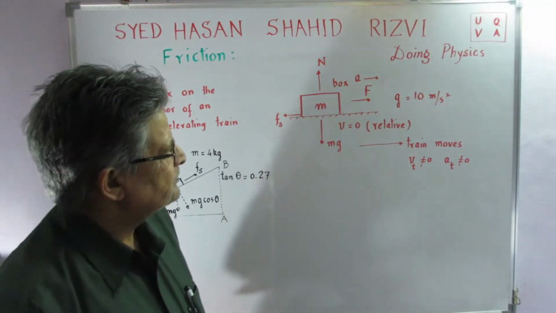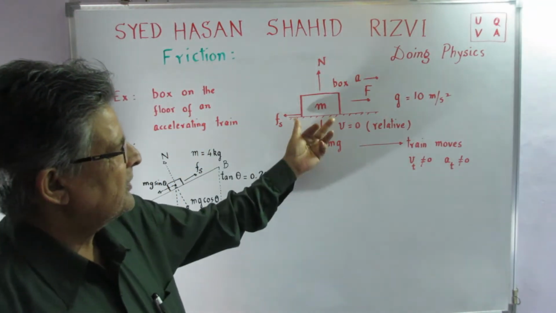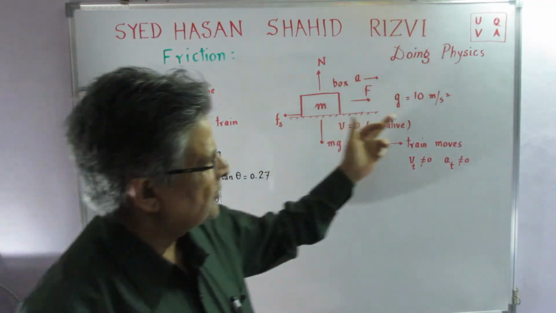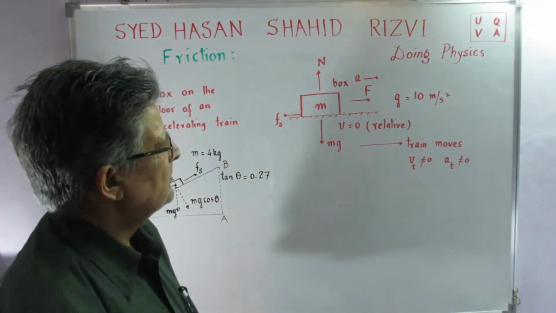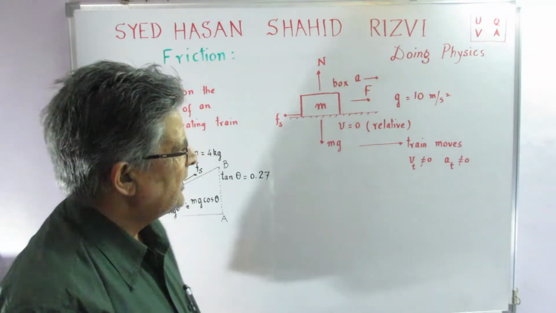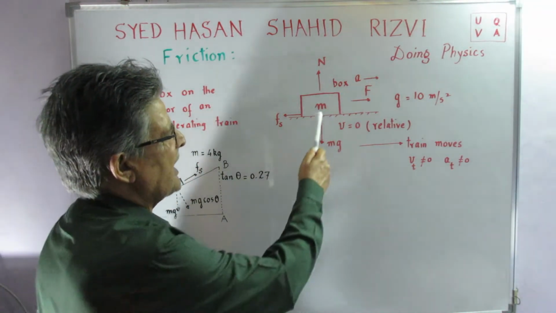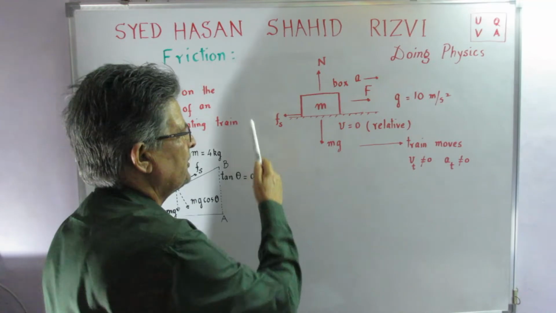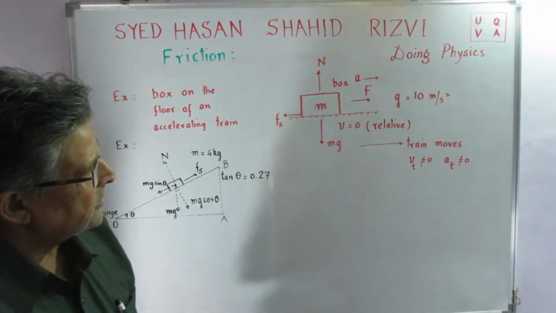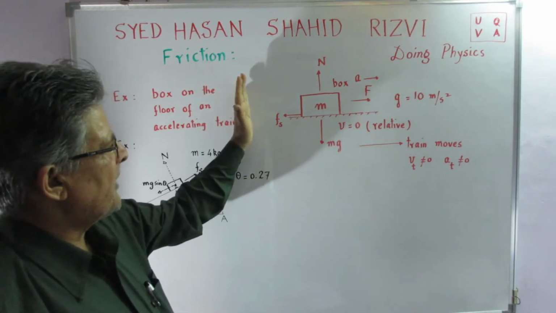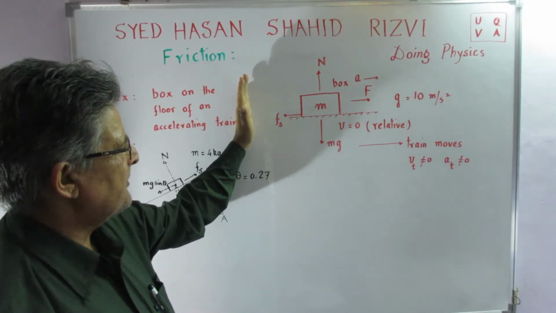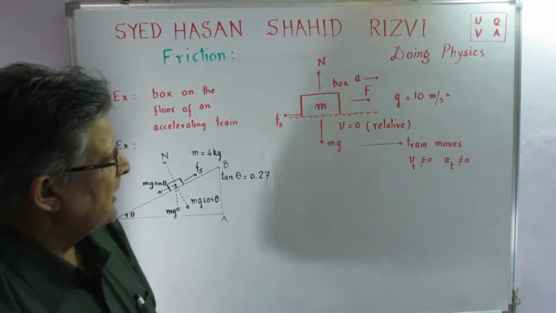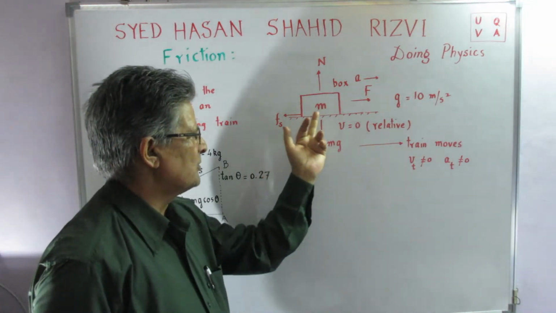So what will happen is, if this floor were frictionless and our train was moving in this direction with a certain acceleration, then naturally in reaction to that kind of motion, my box will move in the opposite direction, and it may go back to the back of the compartment where it is kept if the floor has no other hindrances, resistances, etc. for the movement of the box.